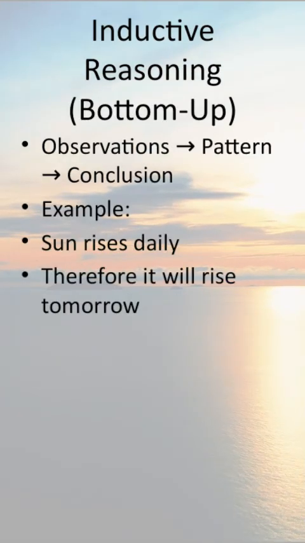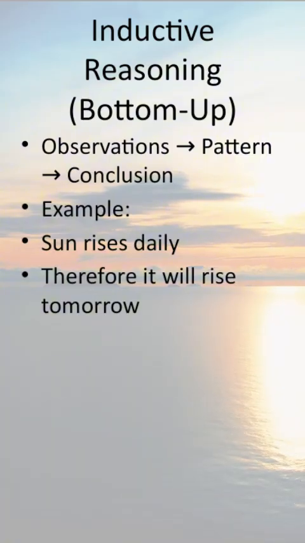Let's look at how observations lead us to identify patterns, which then help us draw conclusions. For example, if we notice that the sun rises every day, we can reasonably predict that it will rise again tomorrow. This process is called inductive reasoning, often described as a bottom-up approach. We start with specific observations, like the sunrise, and from those, we infer a general pattern that the sun rises daily.